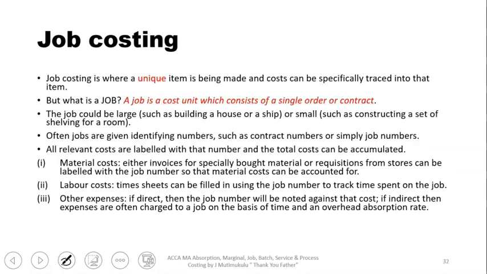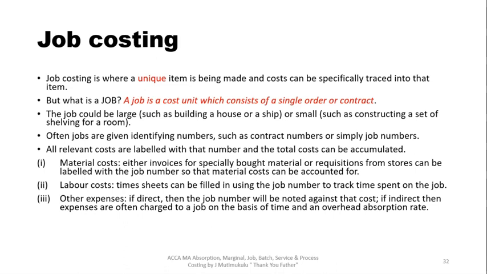All right, job costing is actually where a unique item is being made and cost can be specifically traced into that item. When we are saying unique, it means that it is not always going to be similar to the other job that has been done.